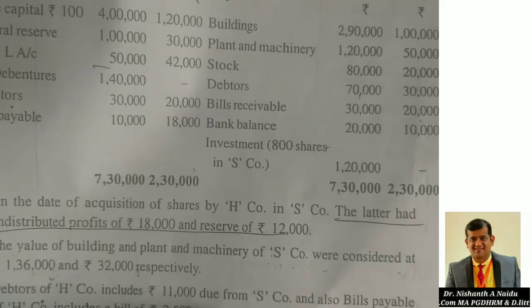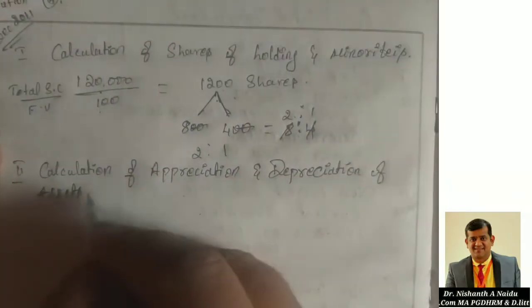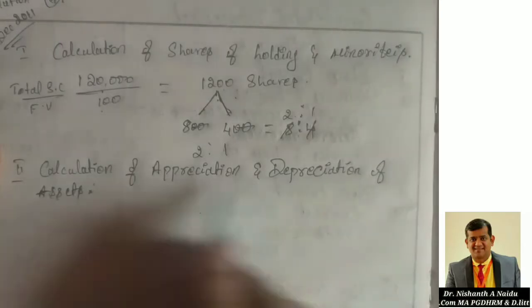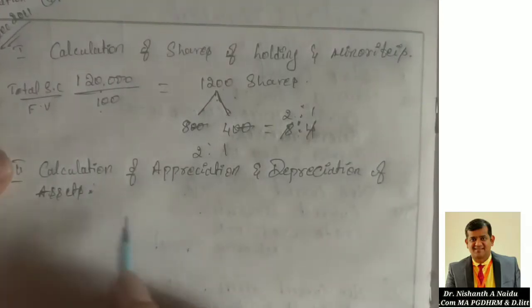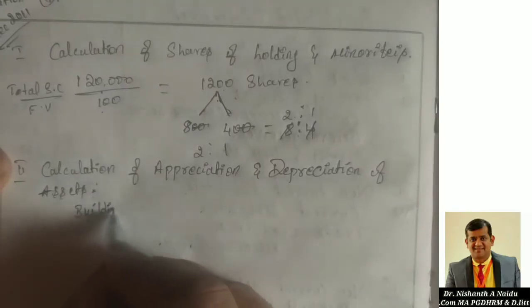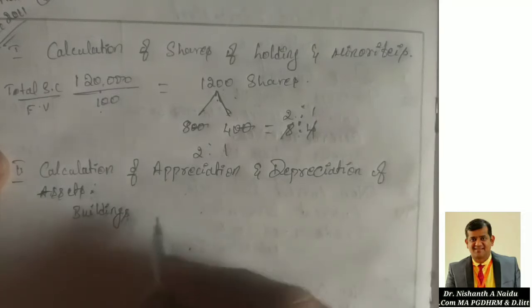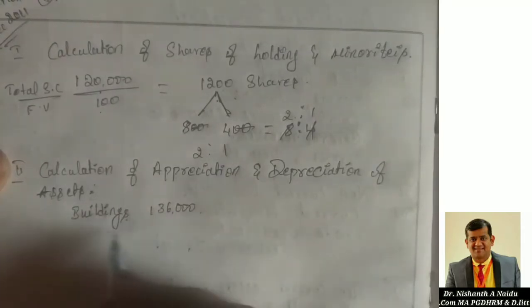Okay, so let us look into how we are going to do this calculation of appreciation and depreciation of assets. First let us take buildings. The buildings value in the adjustment he has given is 1,36,000.